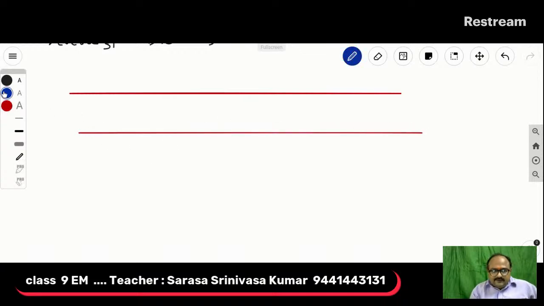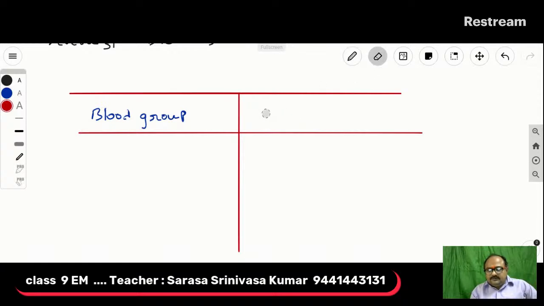The first column is blood group, then number of students. So this is the frequency.